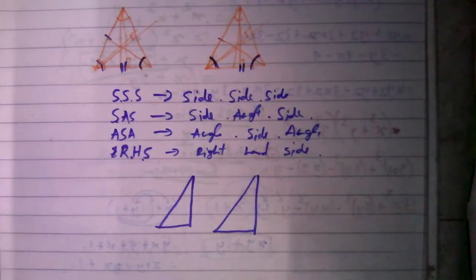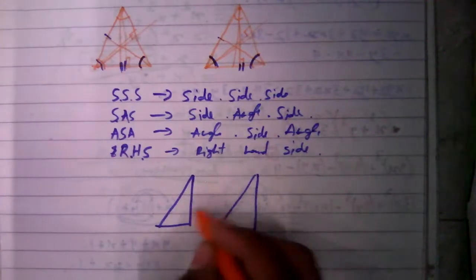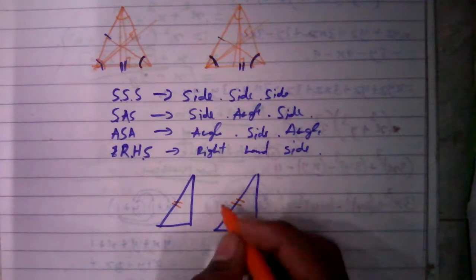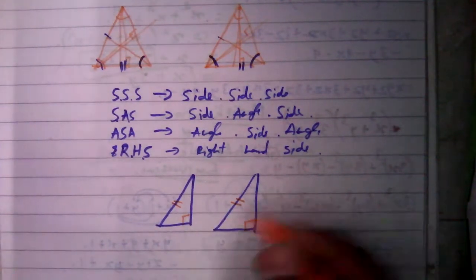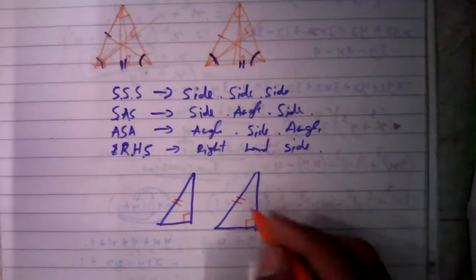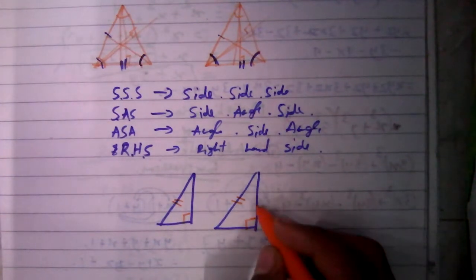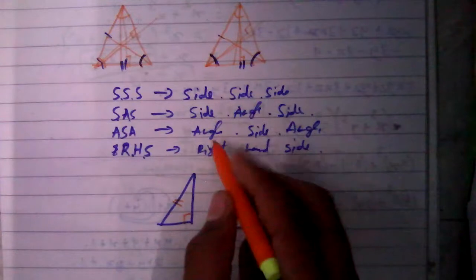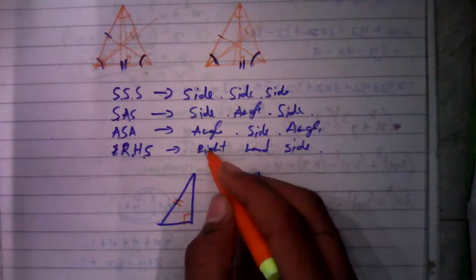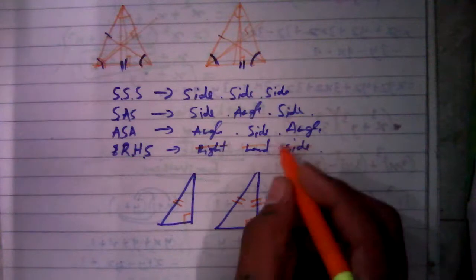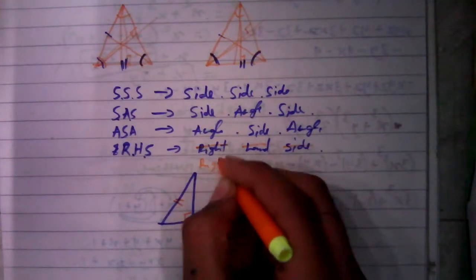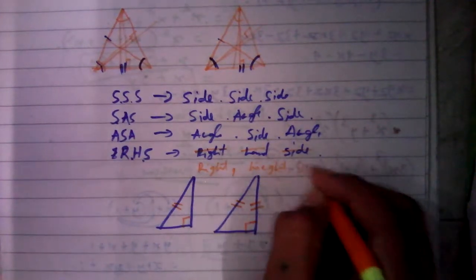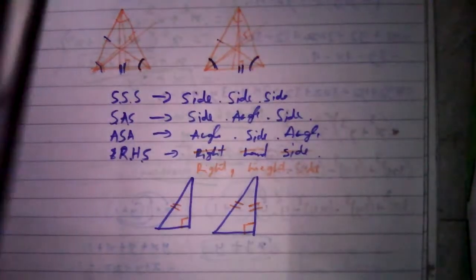Okay, so when the hypotenuses are equal and the angle, the right angle, is always equal, and the height, and actually I wrote it wrongly. This is not right hand side, this is actually right angle, hypotenuse and side.